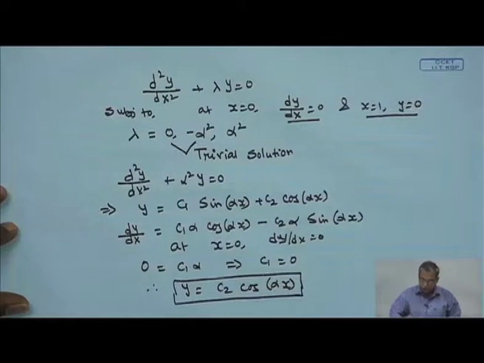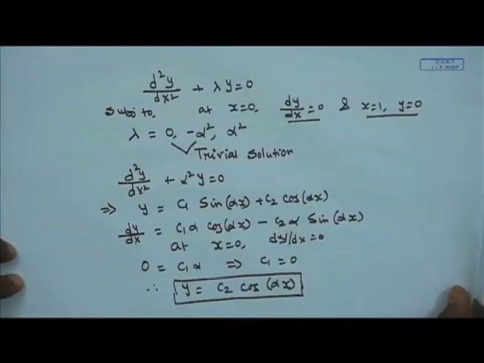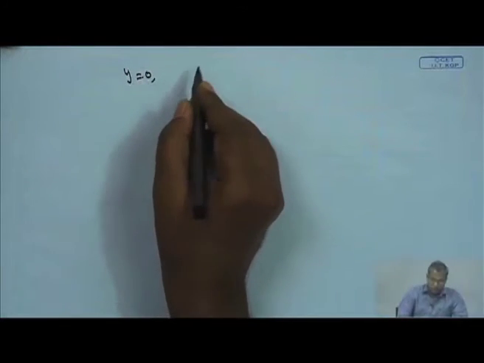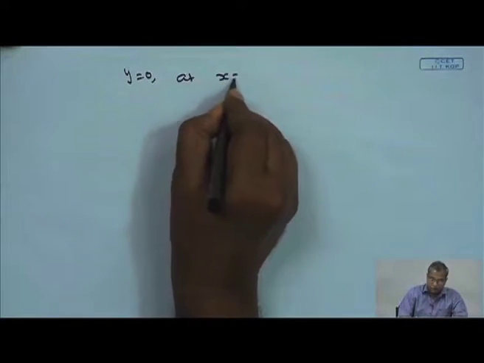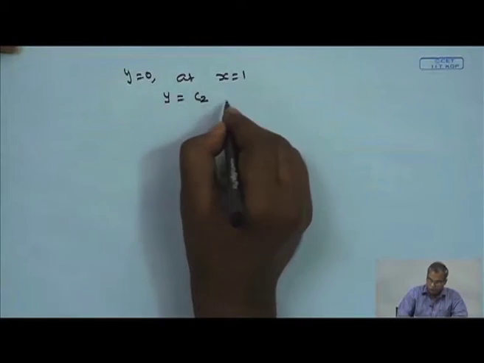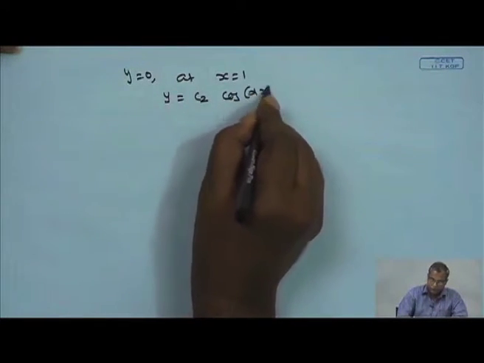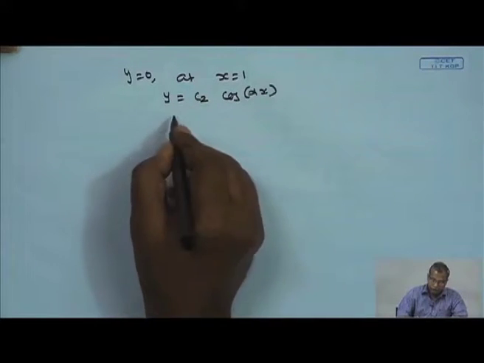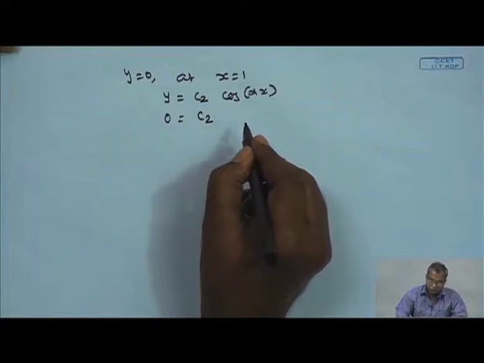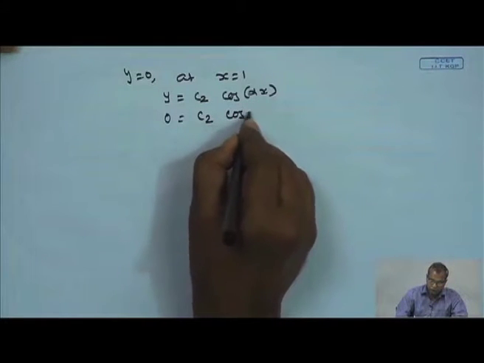Next, we will utilize the other boundary condition, that is residing at x equal to 1. So, y is equal to 0 at x equal to 1 as well. Y is equal to c2 cosine alpha x, so this becomes 0 is equal to c2 cos alpha.